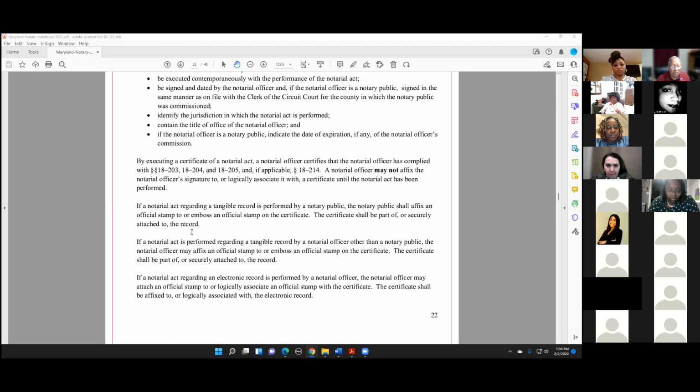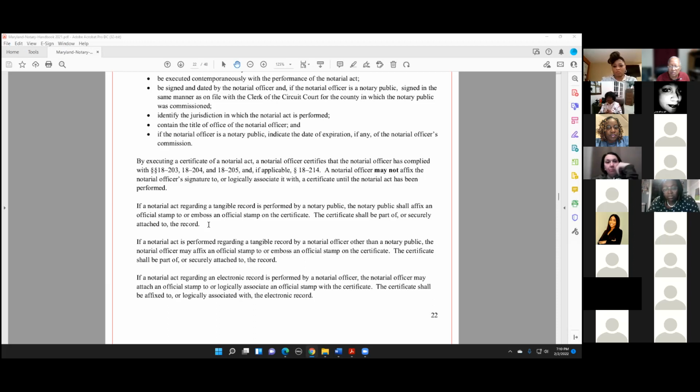So again, the stamp they're talking about is the stamp with your information on it. So Avonda, this stamp is not notarial language. It doesn't say you stamp notarial language on it. When it's referring to that stamp, that's the notary stamp.